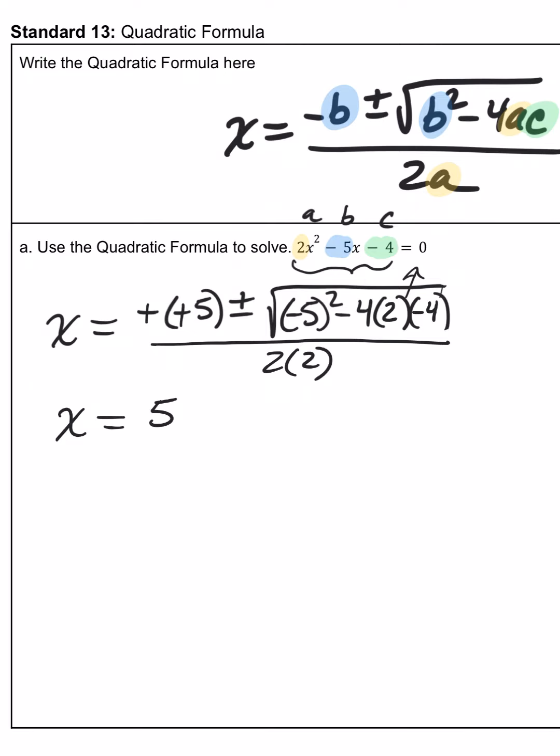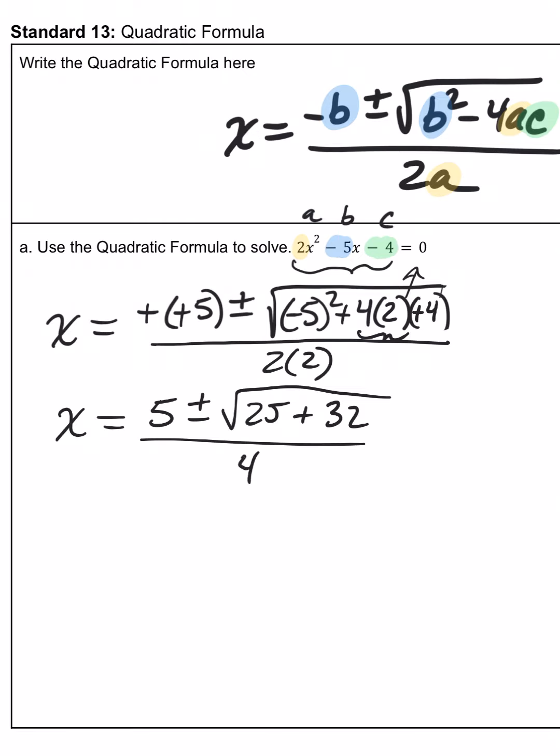So we have 5 plus or minus the square root of -5 squared, which is 25, minus 4 times c. Negative times negative is positive. 4 times 2 is 8, 8 times 4 is 32. We have 25 plus 32, divided by 2 times 2, which is 4. We're getting there.